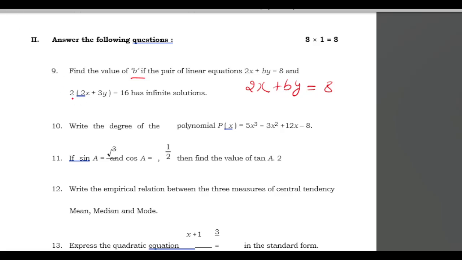So you send this 2 to the right side. It becomes divided by. So 2x plus 3y is equal to 16 by 2. 2 eights are 16. So the answer will be 2x plus 3y is equal to 8. So b is equal to 3. So the answer for this question is b is equal to 3.